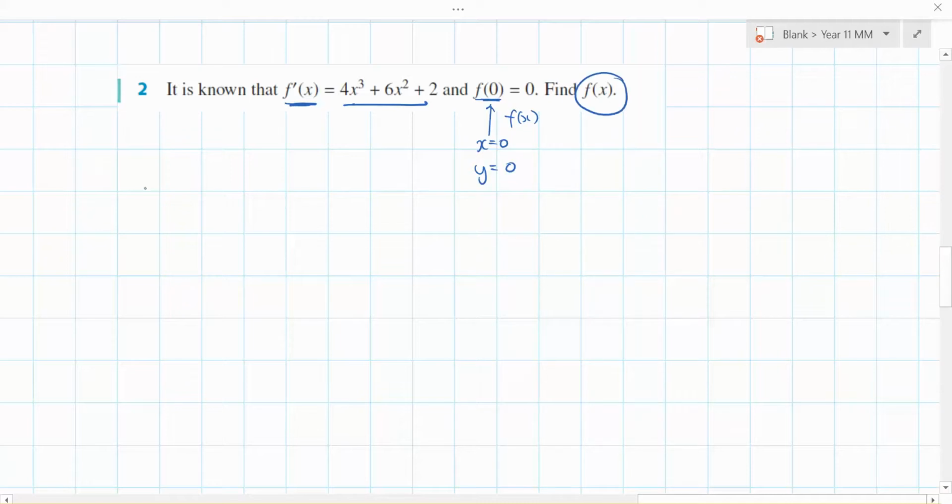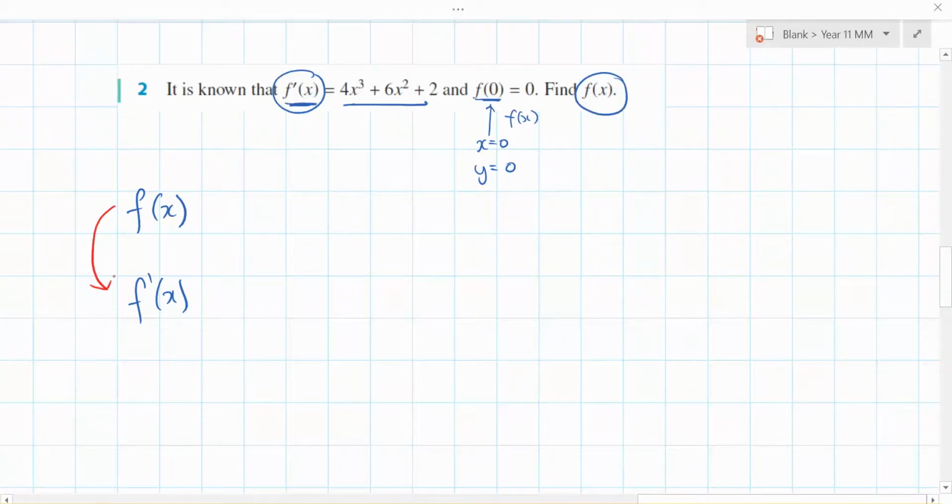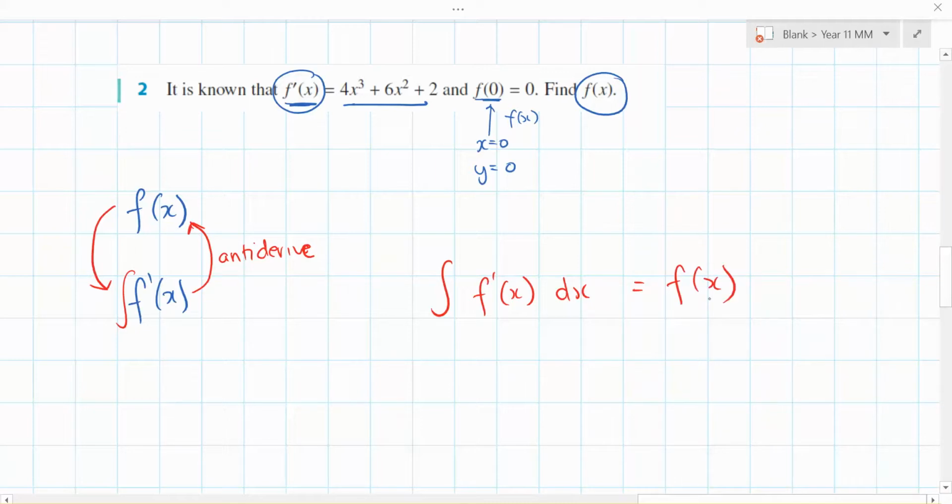What you have to remember is f of x is the original. To get f dash of x, that's the derivative. Don't forget you found the derivative by going forward. So if you want to find the original function, to go backwards, you have to antiderive. So if you antiderive the derivative, it should give me the original function.